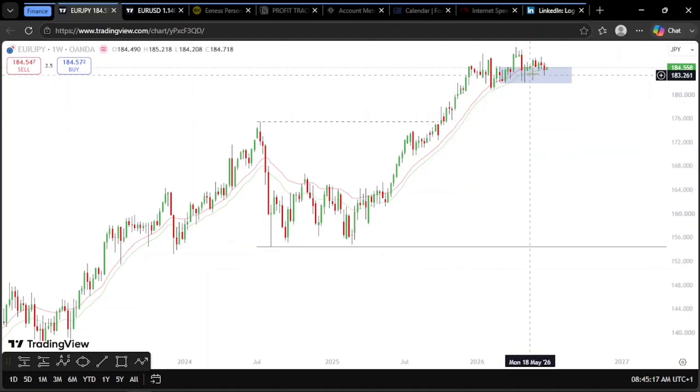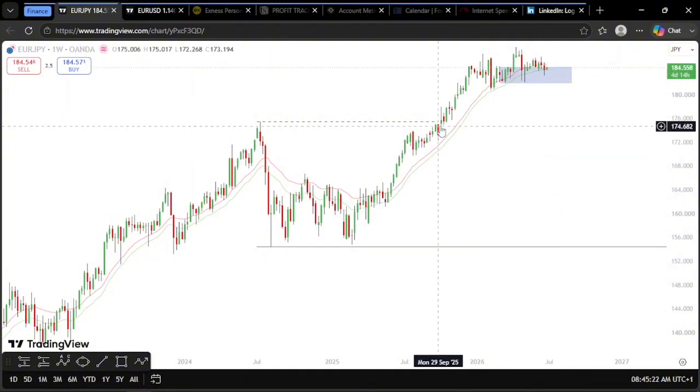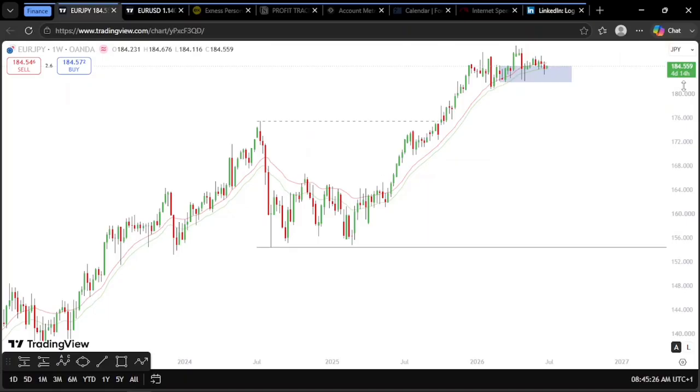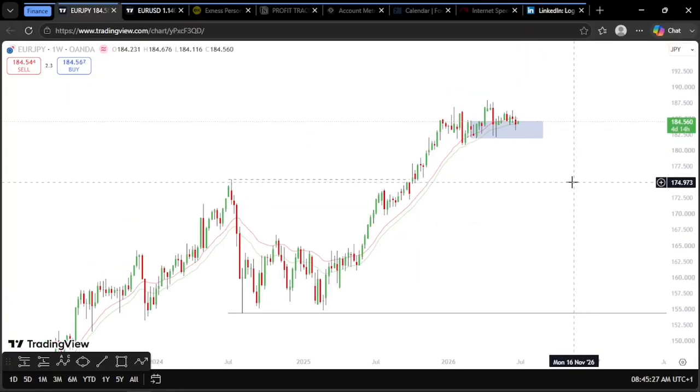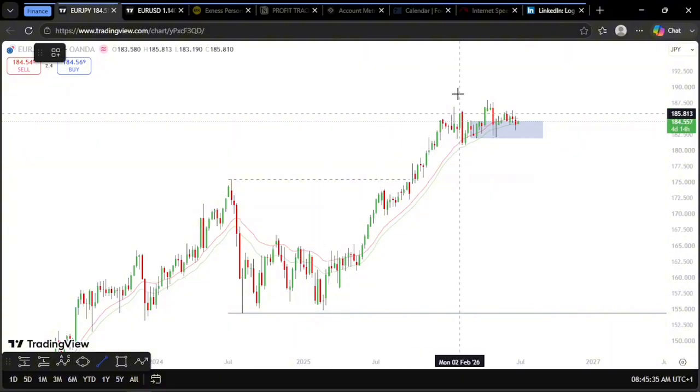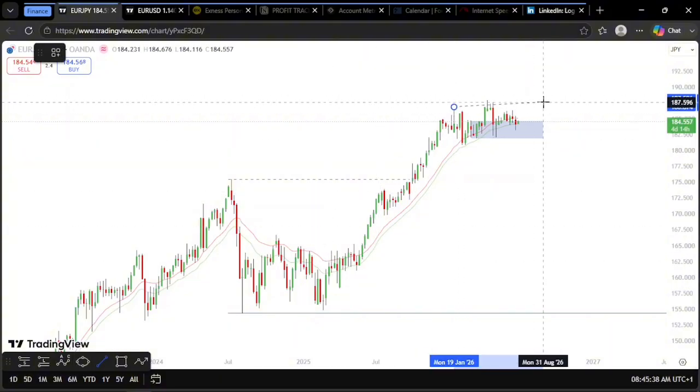As you can see, price is still rejecting this support level here, and we are having rejection of the EMA too, which gives us an extra confirmation that price might be coming all the way up here. And what else can we see? A consolidation pattern. There's another consolidation pattern here.